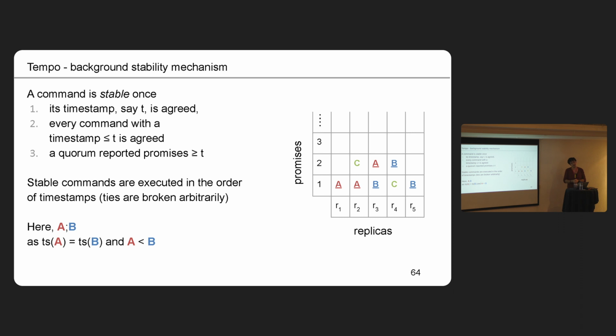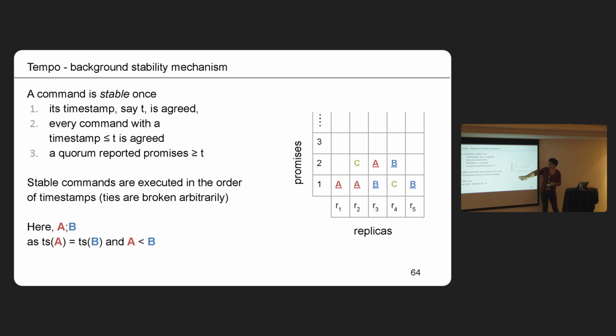To know this second point, the commands that have a lower timestamp, replicas in Tempo send promises. Promises indicate what your timestamp proposal was when you were contacted by the coordinator of that command. So for instance, locally you can have a table like this.